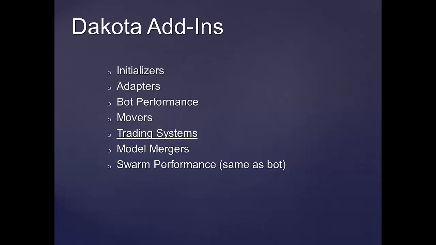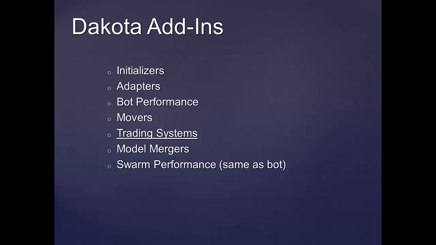Next come model mergers. All these bots have all their signals. How do you combine those signals together to provide to the Dakota user interface to show in a display, and it becomes your trading signal? It takes all the bots, perhaps looking at their performance, but certainly looking at the signals coming out of each bot and its trading system, combining those together, maybe just taking a simple average, and then providing that to Dakota.